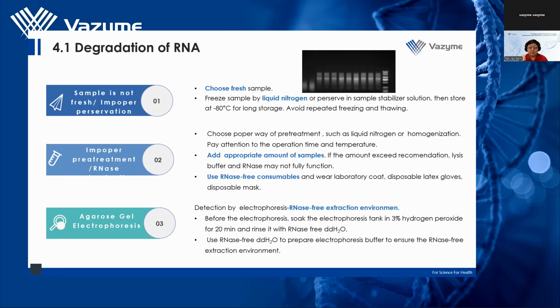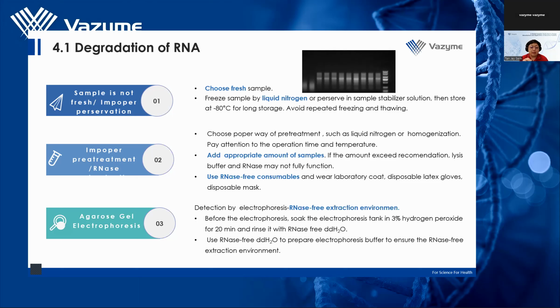For RNA storage, aliquot and store at minus 80 for long-term preservation, or minus 20 degrees for short-term use, aiming for prompt usage to avoid repeated freeze-thaw cycles. Before electrophoresis, treat the electrophoresis tank by soaking it in 3% hydrogen peroxide for 20 minutes, followed by rinsing with RNase-free DD water.